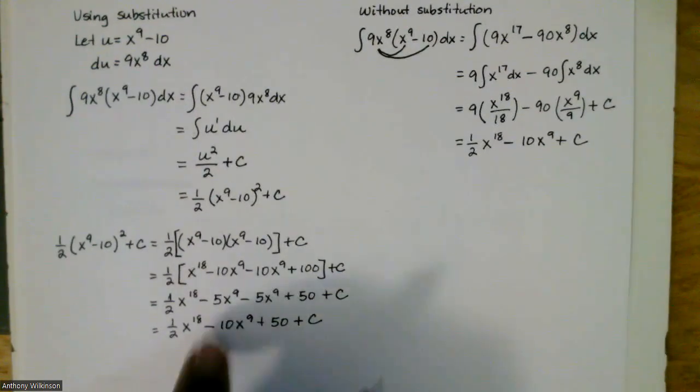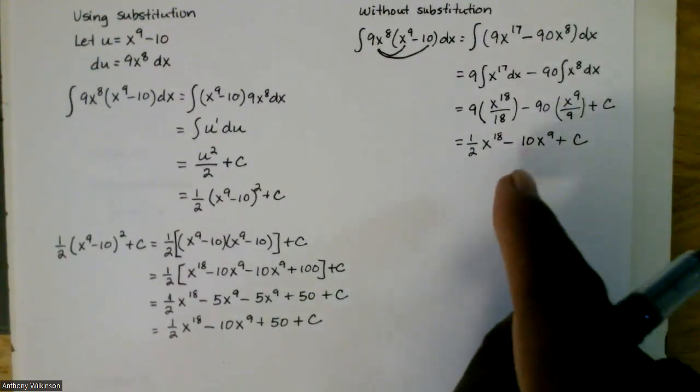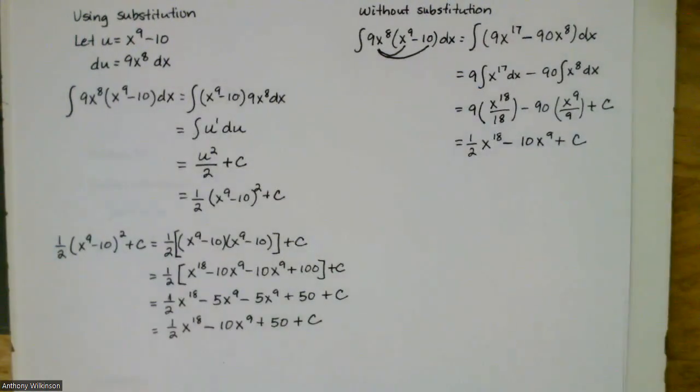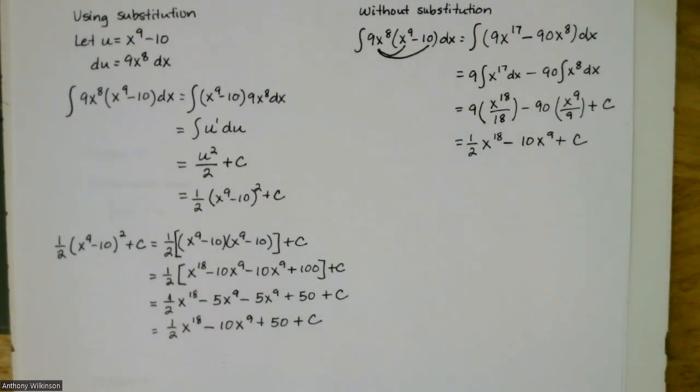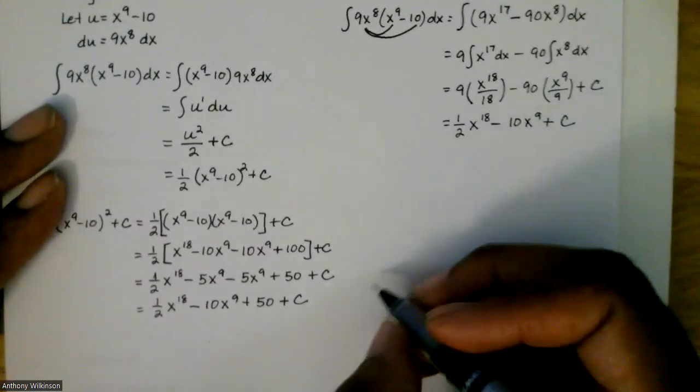Compare this expression with this expression up here. They're almost the same. But the only thing that's different here is that plus 50. So here we can say that the answer found by the substitution approach differs by a constant, which in this case is 50.